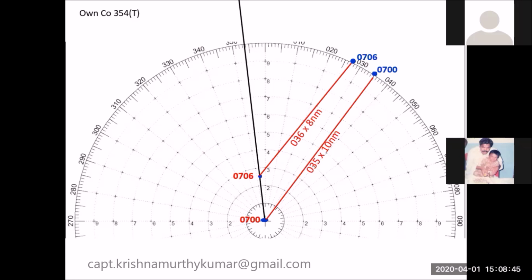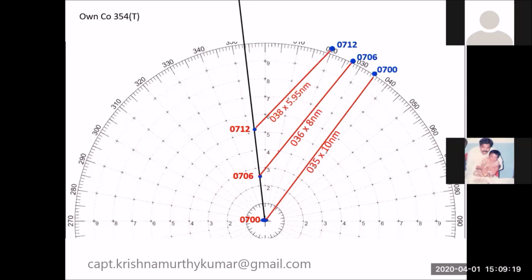After 6 minutes, you have traveled from here to here. Your speed is about 2.6 miles in 6 minutes. He has traveled from here to here in the same 6 minutes. After another 6 minutes, this is the position at 12 minutes interval.